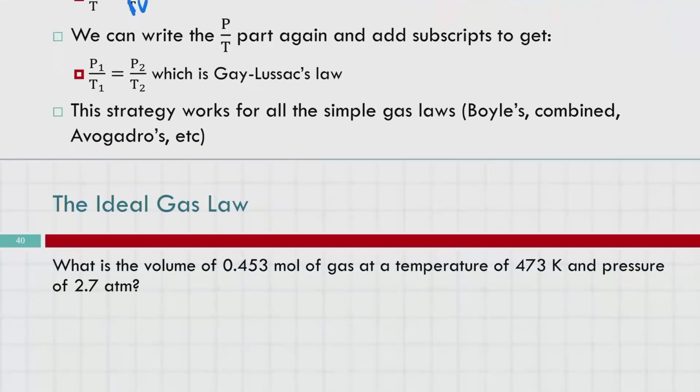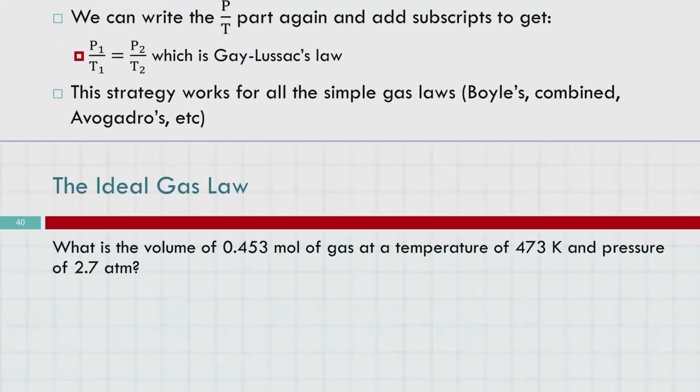What's cool about the ideal gas law is it's PV equals nRT. Notice that unlike Boyle's law, for example, P1V1 equals P2V2, we only have one pressure, we only have one volume.